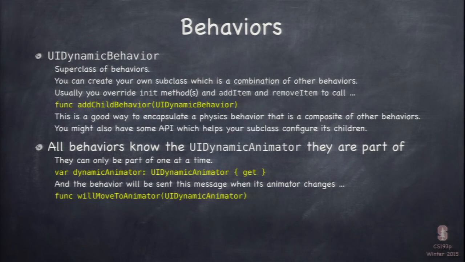Also, all dynamic behaviors will be sent the message willMoveToAnimator when they're going to switch to a different animator. Especially this is switching from not having an animator to having one, or from having one to not having one anymore. That should be UIDynamicAnimator question mark, an optional. Because it might say willMoveToAnimator nil, which means you're being taken out of an animator.